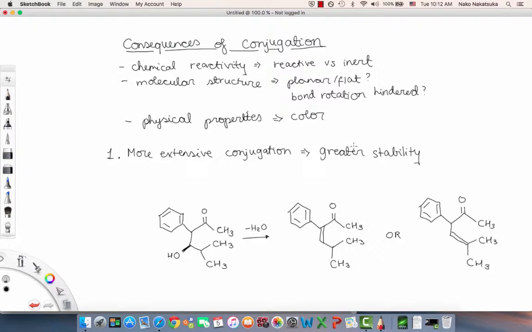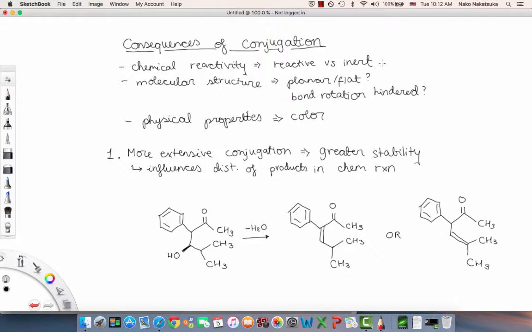But this also influences the distribution of products in a chemical reaction. Remember when we were looking at K equilibrium, if it's greater than 1, it means that the reaction is shifting more towards the products. And so consequence number 1 influences distribution of products in a chemical reaction.